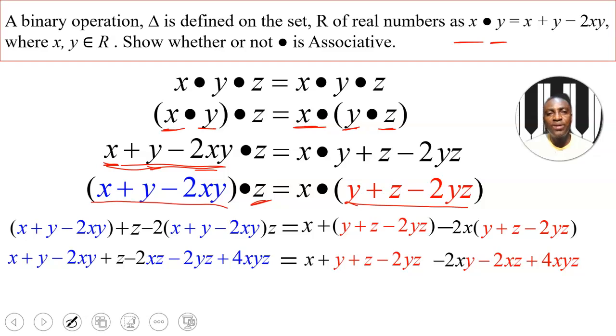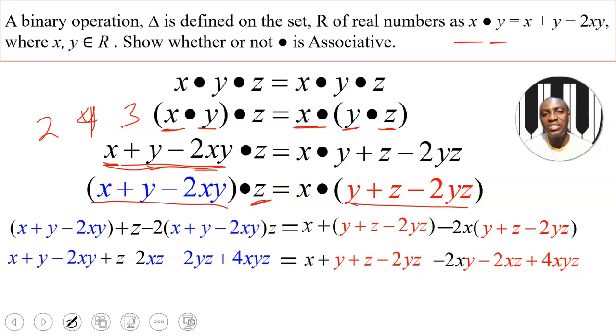What it means is that if I say let x be 2, let y be 4, and let maybe z be 3, and I put x in place of x, y in place of y, and z in place of z, and I simplify the left hand side and that of the right hand side, will I get the same thing? Of course, if you study this critically, you see that you are going to get the same thing.